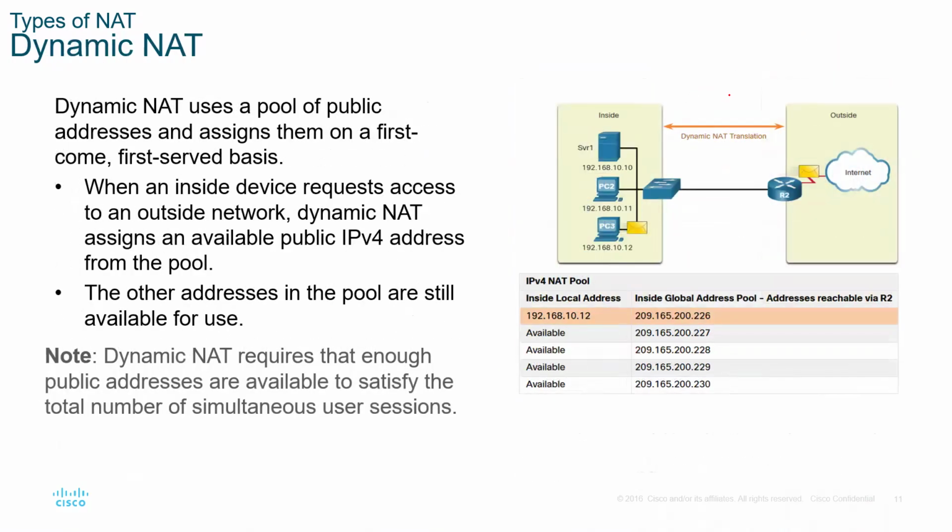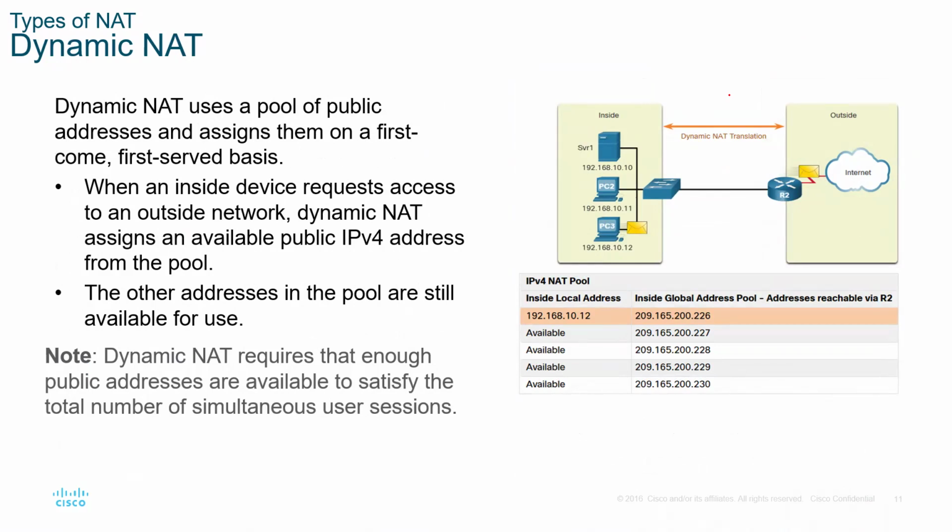Dynamic NAT uses a pool of public IP addresses and assigns them on a first come, first served basis. When an inside device requests access to the outside network, NAT assigns the available address from the pool. The other addresses in the pool are still available for use.